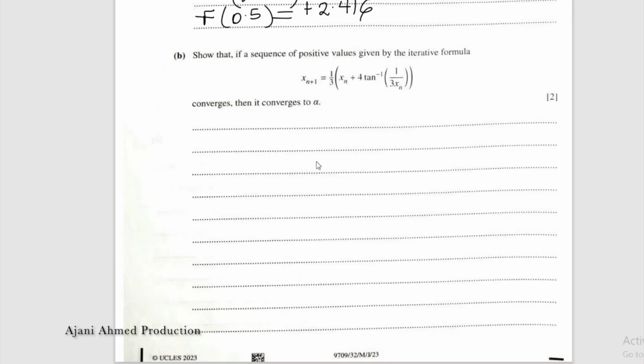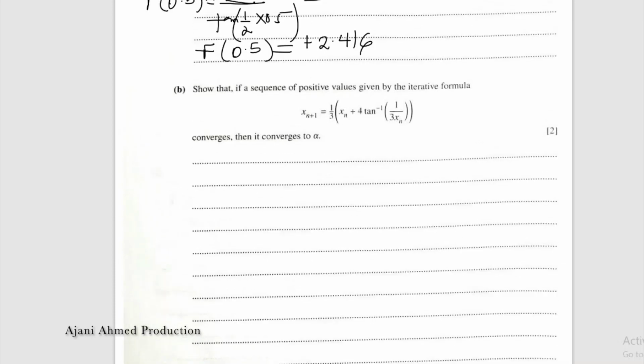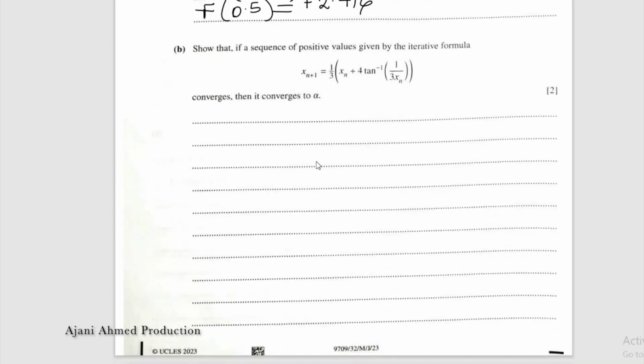It's quite simple. This is the usual question from CIE. What you do is just take away the subscript. So xn plus 1 turns to x, 1 over 3, xn turns to x, plus 4 arctan 1 over 3 xn, turn the xn to x.